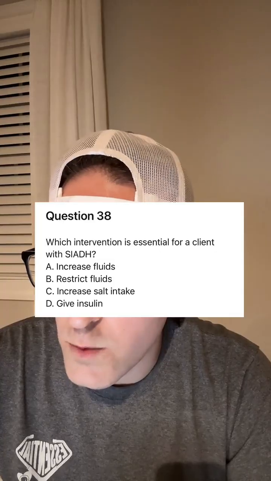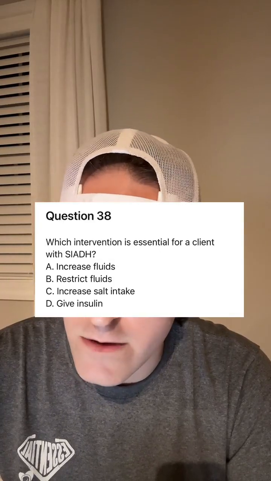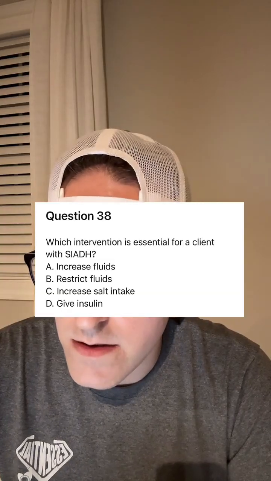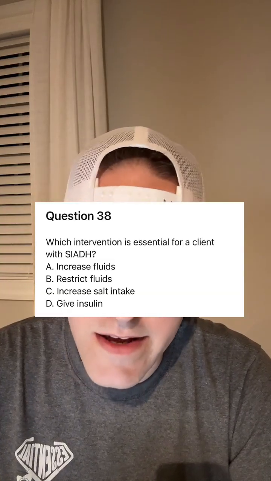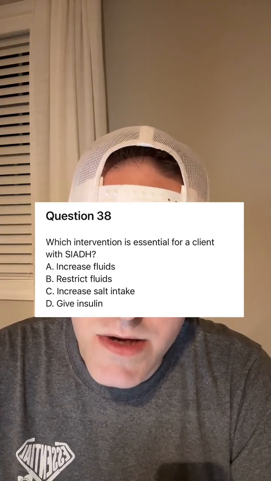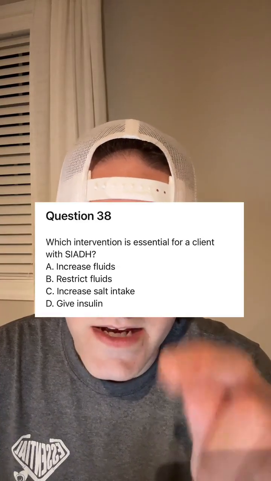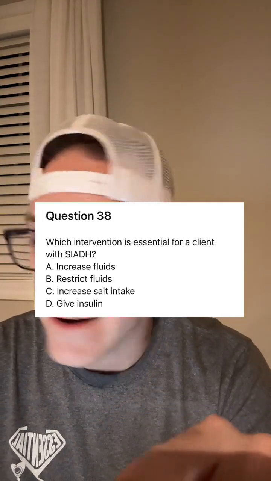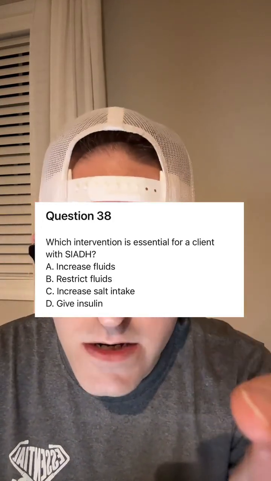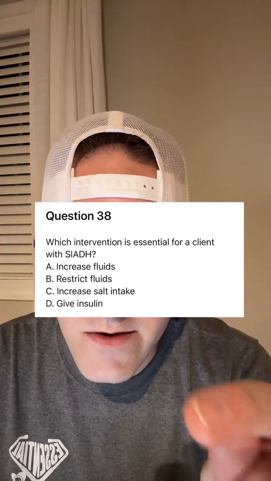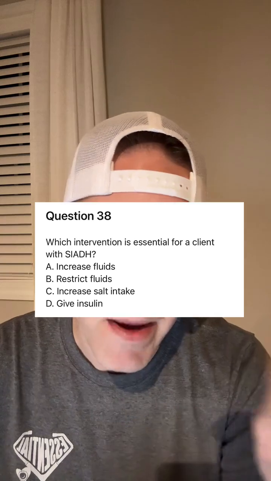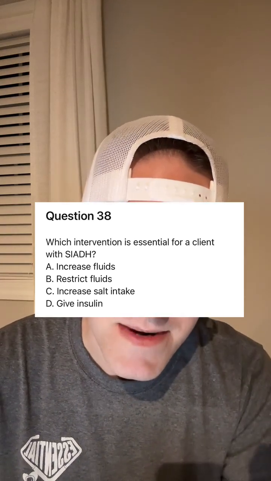Which intervention is essential for a client with SIADH? Think about this. When you see SIADH, I want you to look at those first 2 letters and think soaked inside. Typically it's being compared to diabetes insipidus.